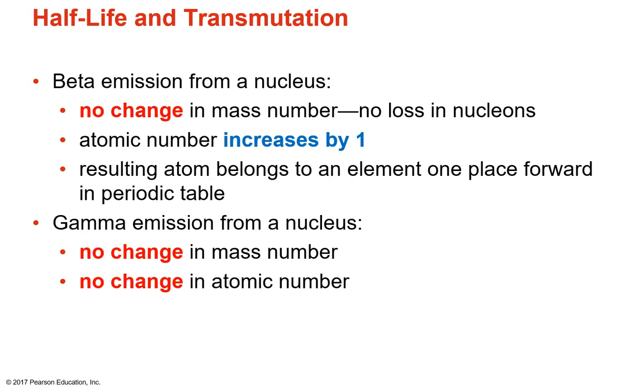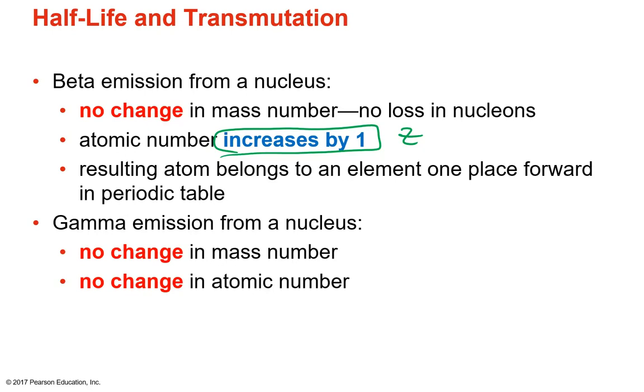Other types of radiation now, the beta. Beta results in no change in the mass number because what it did was convert a neutron to a proton. But in converting that neutron to the proton, the atomic number increases by 1. Z, remember, is the atomic number, the number of protons in the nucleus.